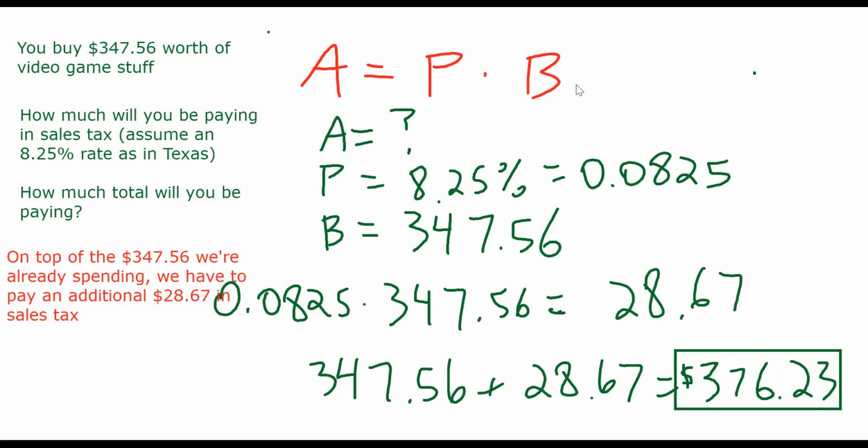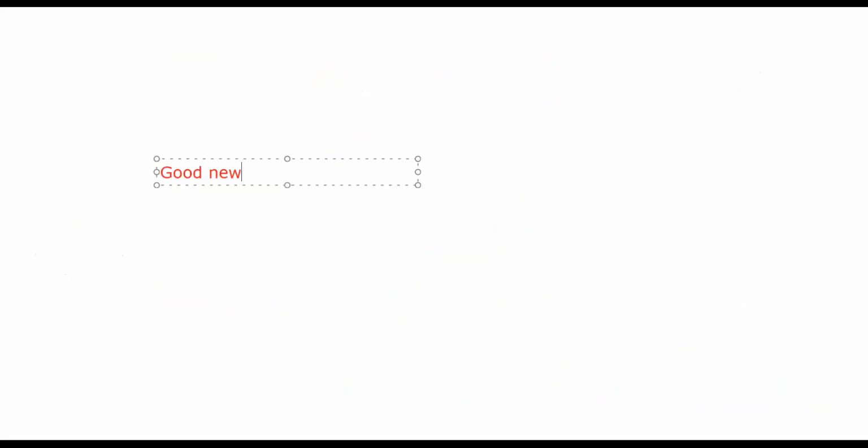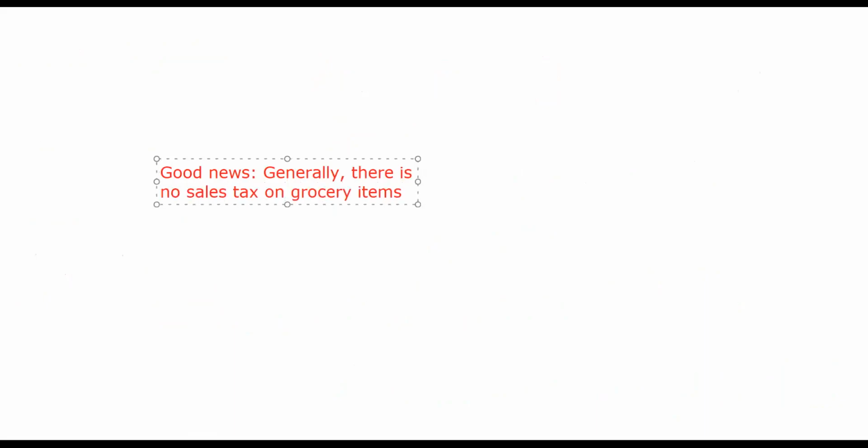Some quick good news. Generally, there is no sales tax on grocery items. This is actually something I didn't know until the last couple of years because I just never really looked at receipts. But if you go to any store, when it rings stuff up, it knows this is a grocery item, this is a grocery item. Oh, this is a video game? No, it gets sales tax.